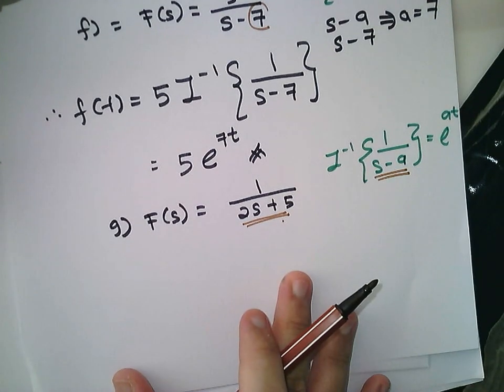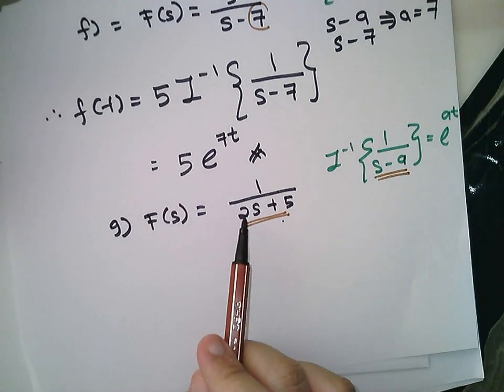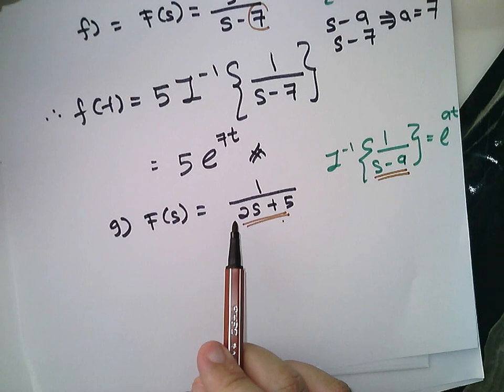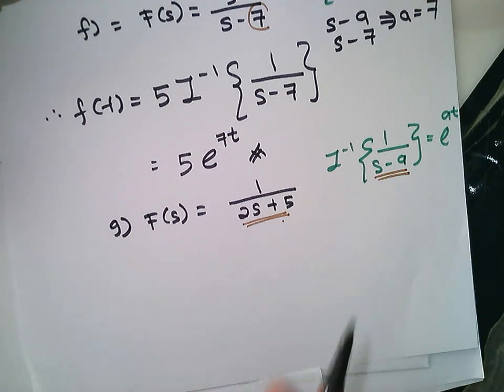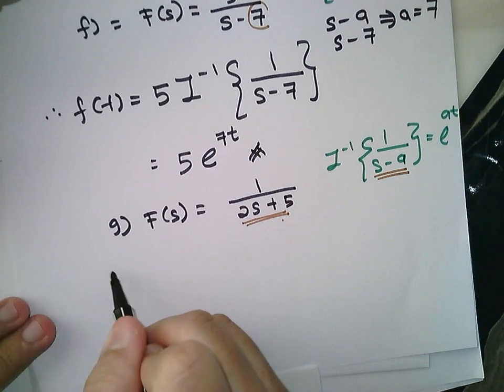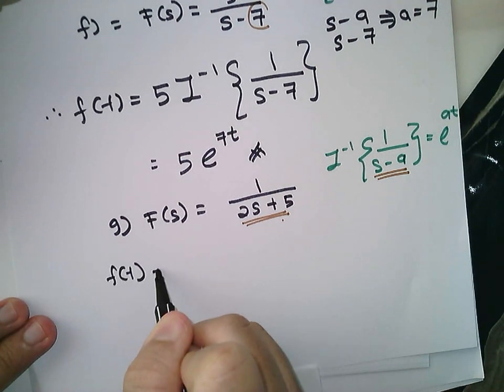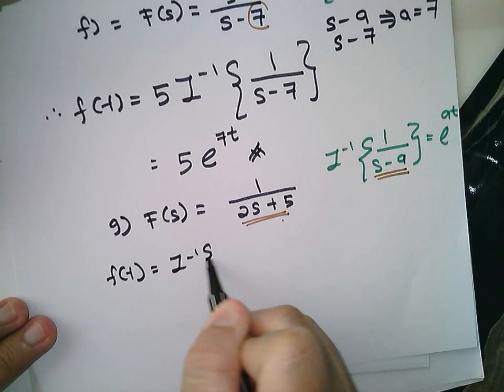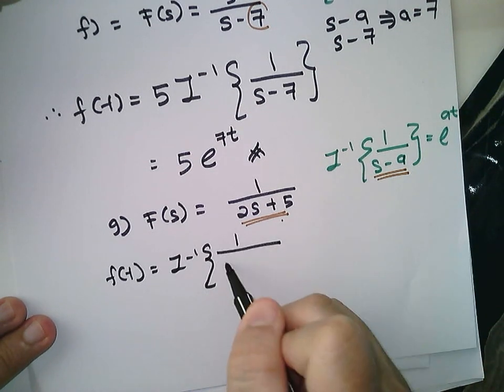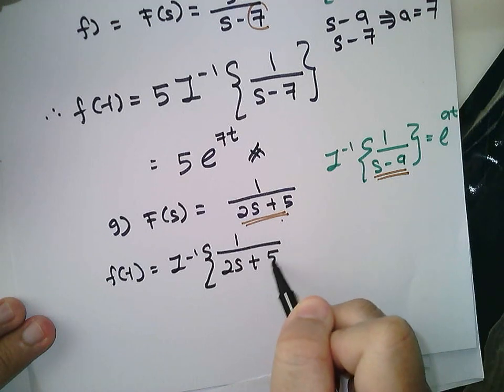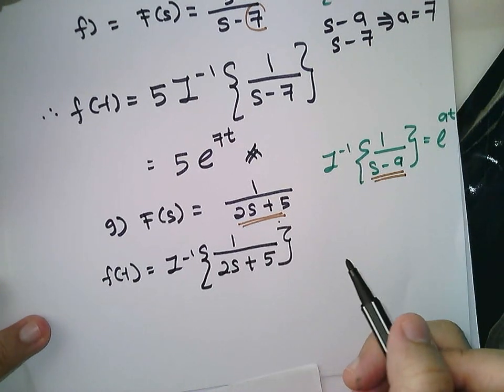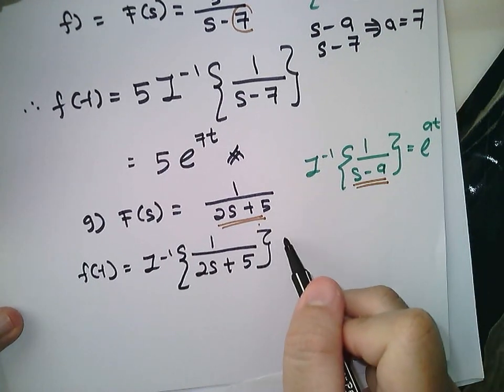So what you need to do is factorize this one. So your f(t) is equal to Laplace inverse of this whole function 1 over 2s plus 5.